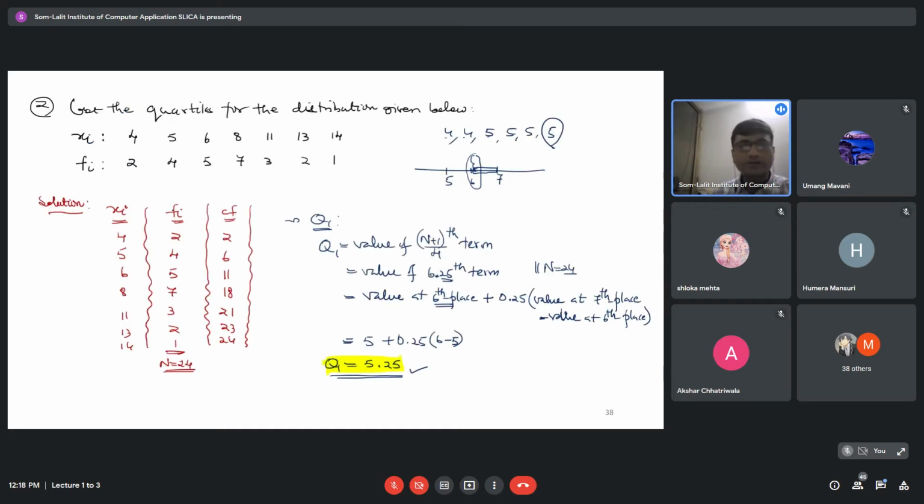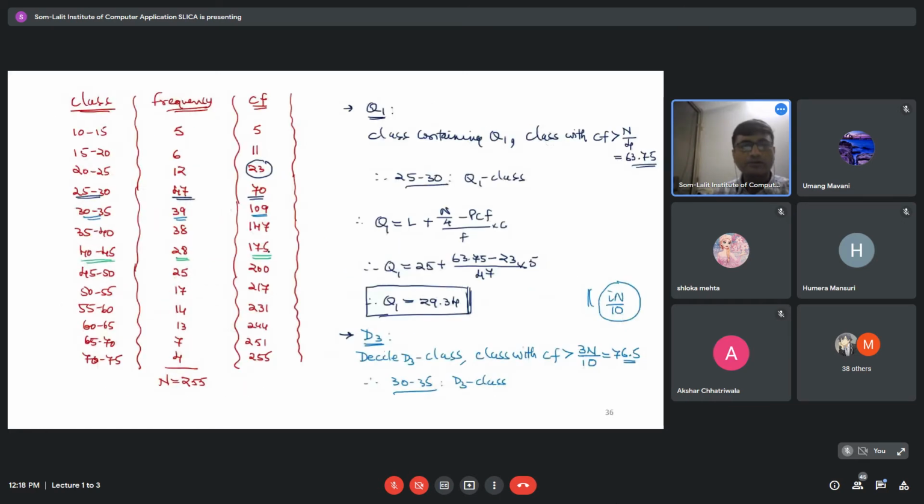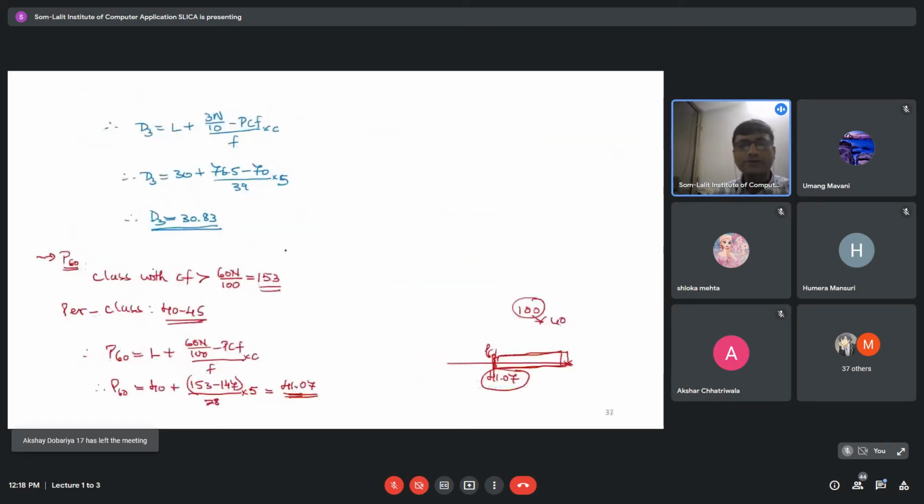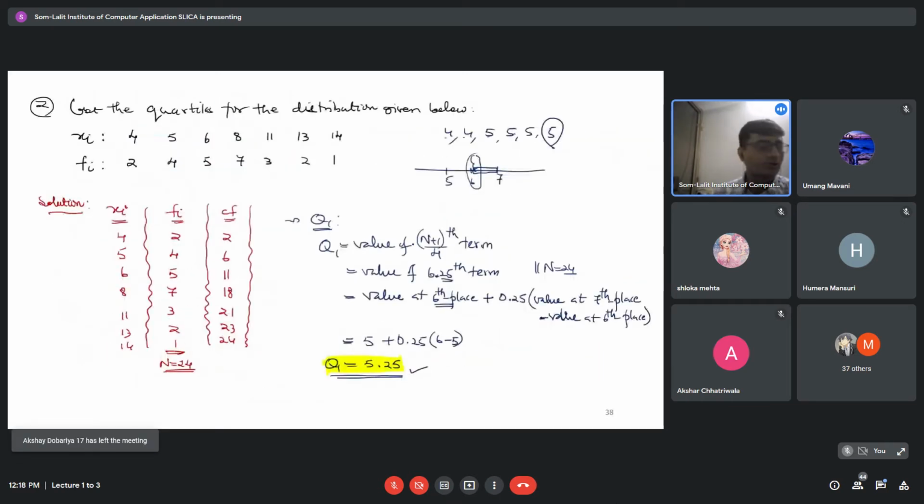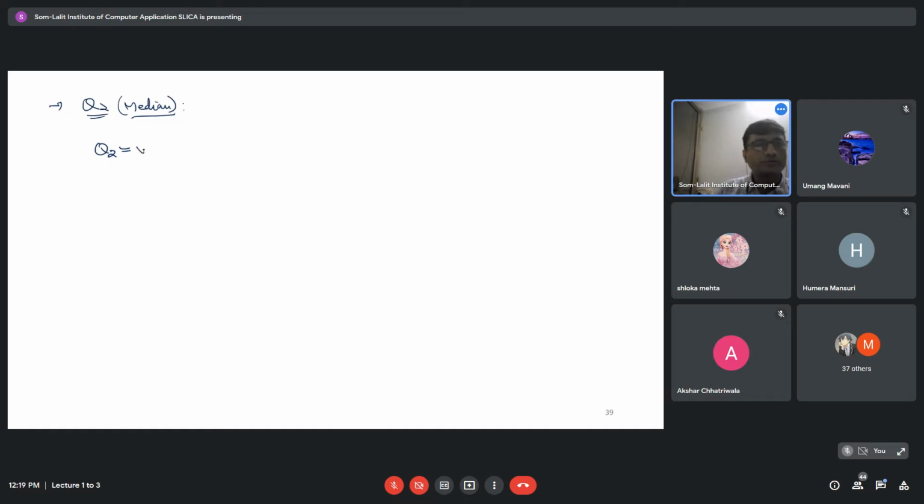You just go back to this formula. The formula where we did, or you can just put here i equals 2 now. Here, for Q1, i was 1. Now here i is equal to 2. So the value at 2 times (n plus 1) by 4 position, right?